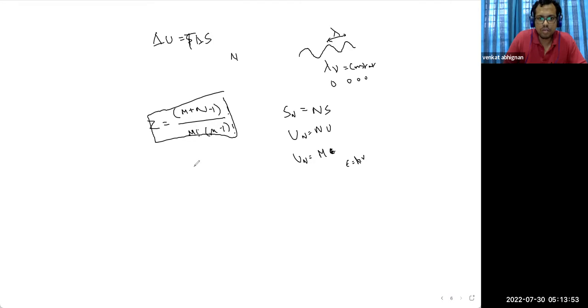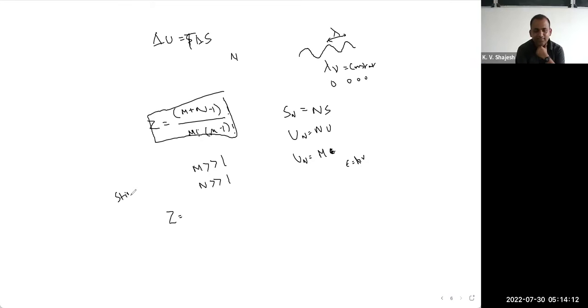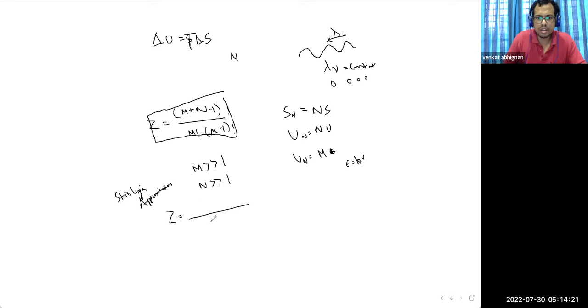Now we take it such that the different energy levels are really high, and also the number of oscillators is really high. With this, we have to use something called Stirling's Approximation.